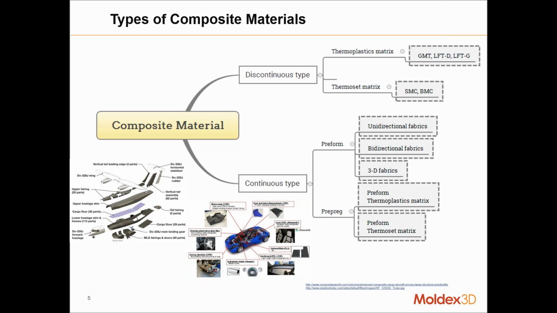We have your GMT, LFTs for your thermoplastics, your thermosets for your SMCs and DMCs. Your continuous type, which is kind of like a pre-preg or a mat or a preform, consists of 3D fabrics and different unidirectional fabrics for your pre-pregs or your preforms.